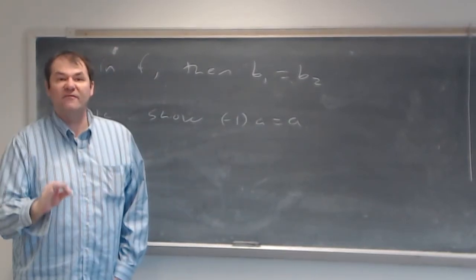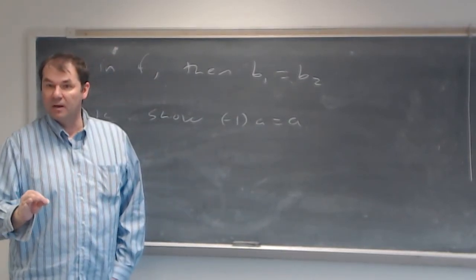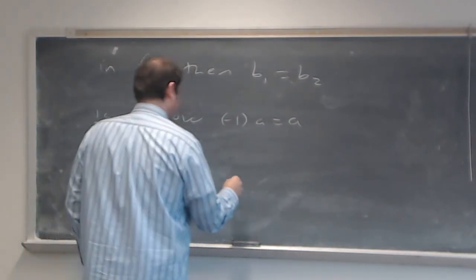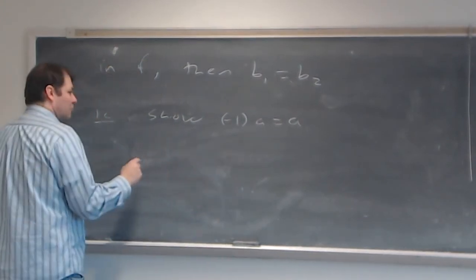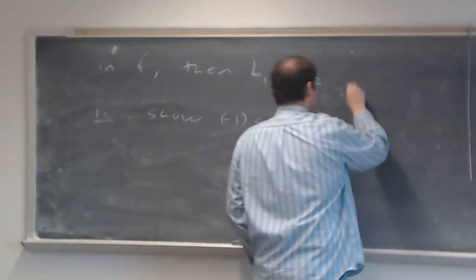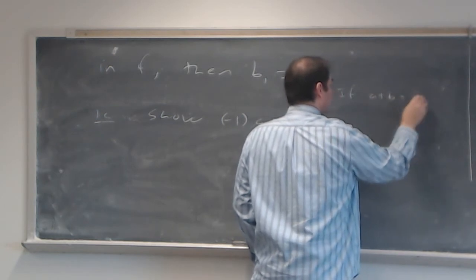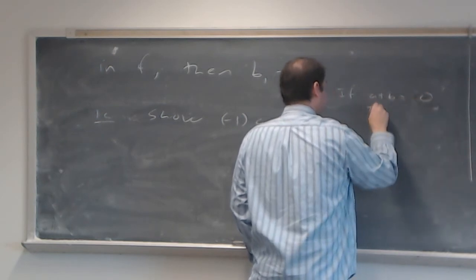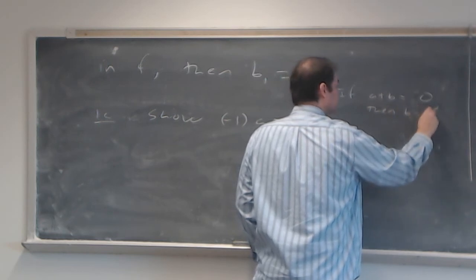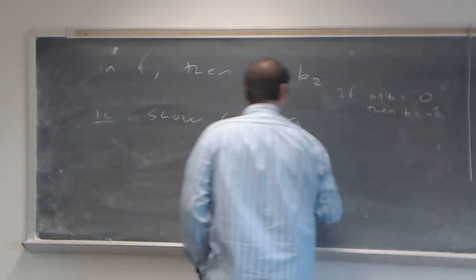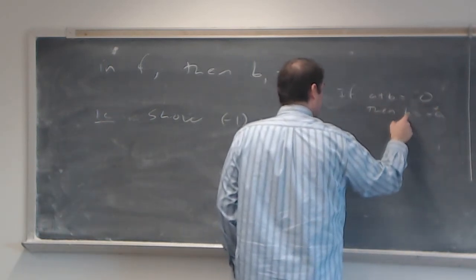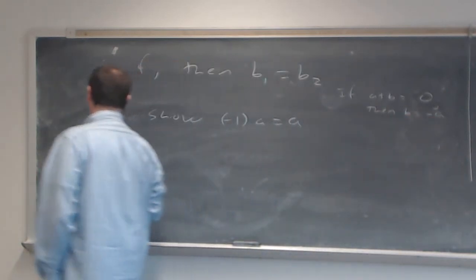And let's recall, we have already proven some things. One thing that we've already proven is if A plus B equals 0, then B equals the additive inverse of A. So first plus second equals 0, the second equals the additive inverse of the first.